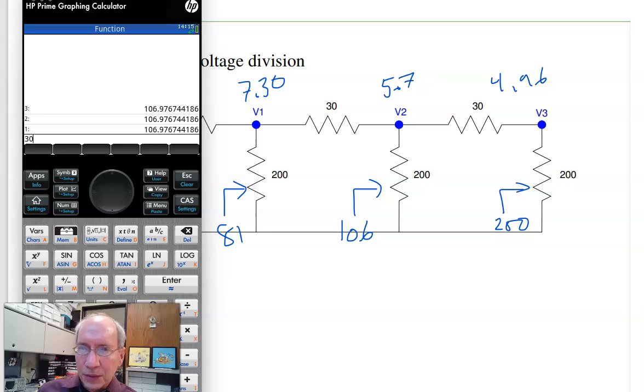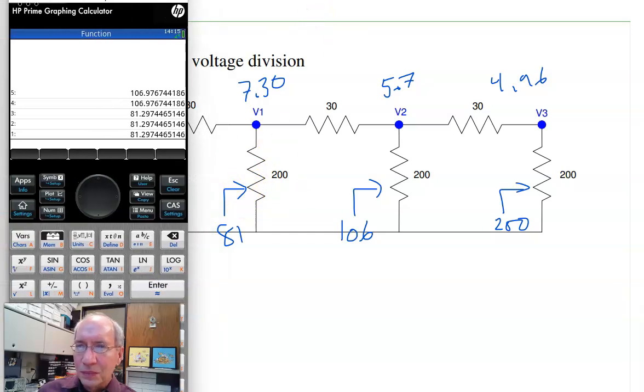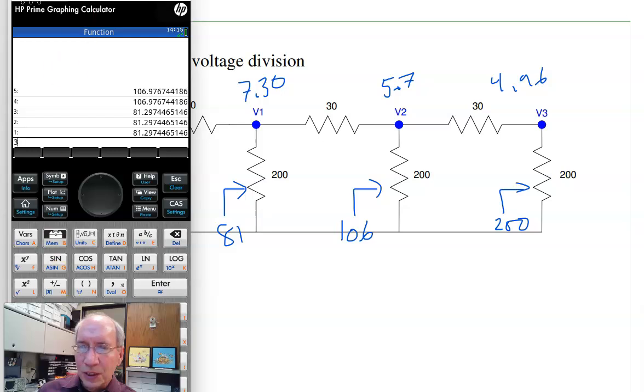Add 30 to it. Take the inverse. 200. Inverse plus inverse, 81 ohms. So to get the first one, I'll take 81 over 81 plus 30. Here's 81 plus 30. Take the ratio times 10. First one's 7.3 volts.